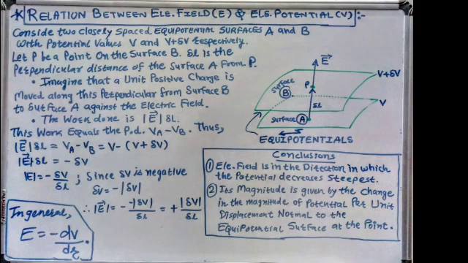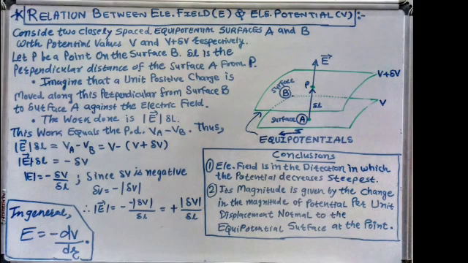The work done is mod of E dot dl. This work equals the potential difference VA minus VB. Thus, mod of E delta L is equal to VA minus VB, which is V minus (V plus delta V). So, mod of E delta L is equal to minus delta V.